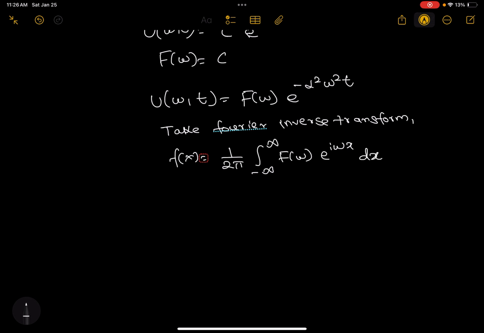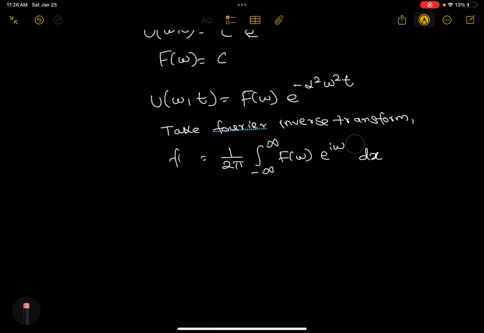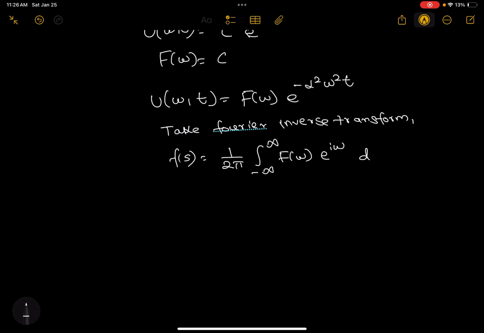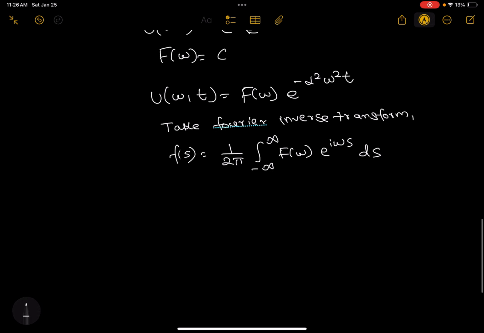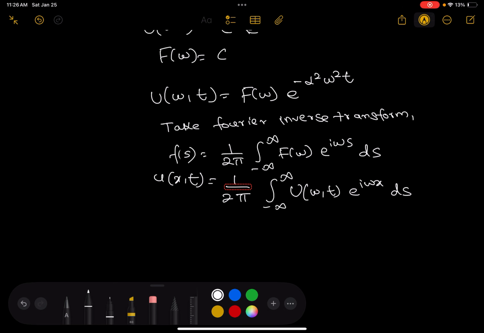So that's how we get the Fourier inverse transform in this case. Let's say if I want to have this in terms of s, then I just need to change x to s. It's as easy as that. Similarly, if I want to get u of x comma t from U of omega comma t, I just do the same thing: 1 by 2 pi, integral from minus infinity to infinity of capital U of omega comma t times e to the power i omega x d omega. It's as easy as that.